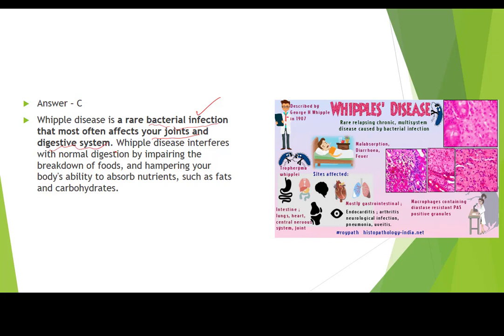Whipple disease interferes with normal digestion by impairing the breakdown of foods and hampering your body's ability to absorb nutrients, such as carbohydrates. You can understand by looking at the pictures how this forms, the three forms as given here. Here are malabsorption, diarrhea, fever, and the side effects clearly mentioned on this page. I hope you can read this one.